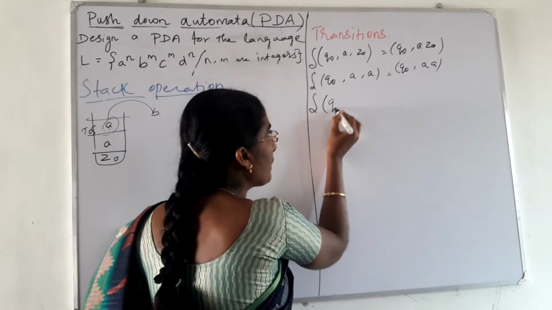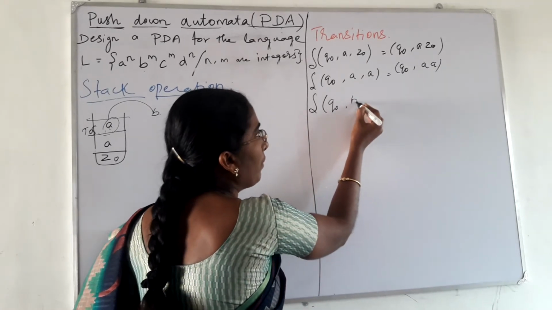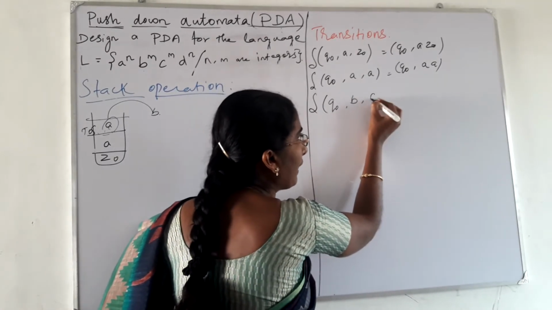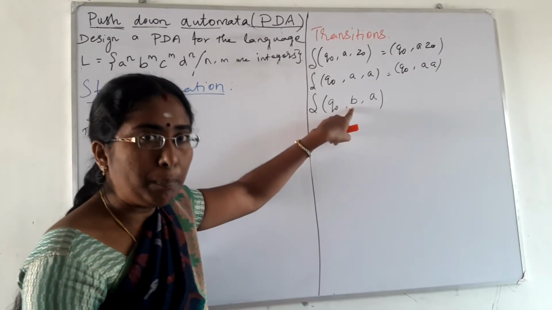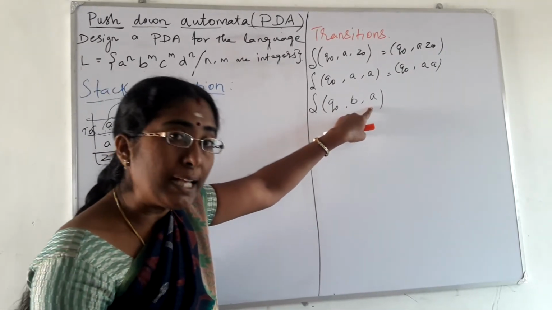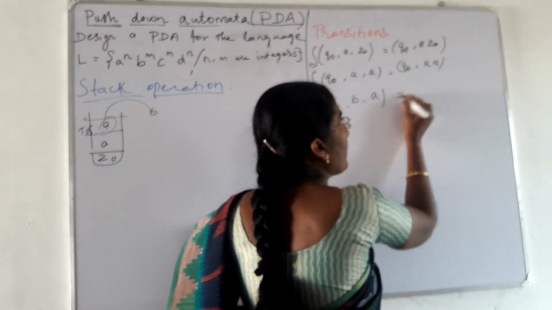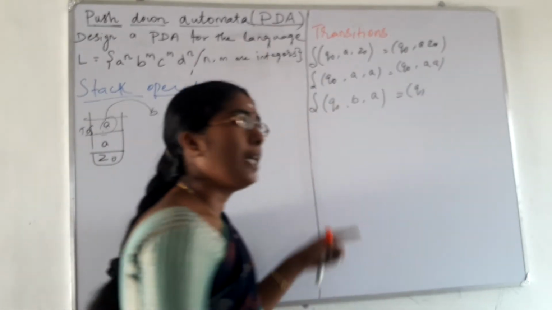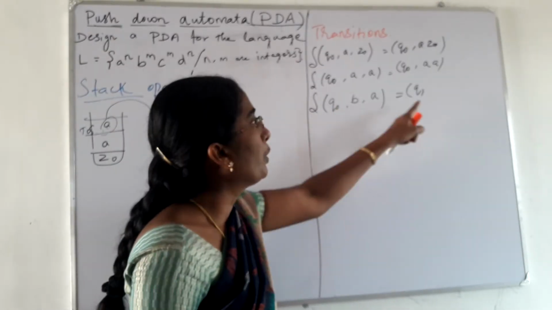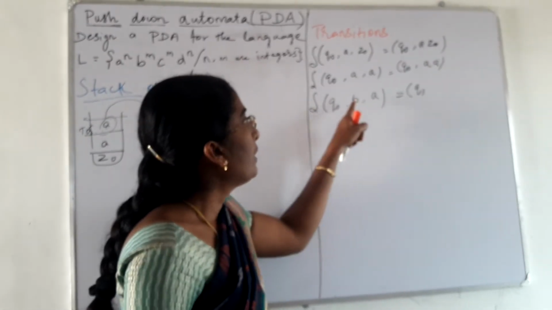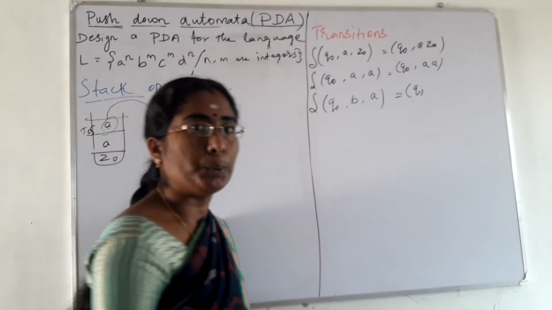So the transition is from state Q0 reading the symbol B with top of the stack as A. The state changes to Q1 because we are now reading the input symbol B, so we change the state from Q0 to Q1, and this B is pushed onto the stack.